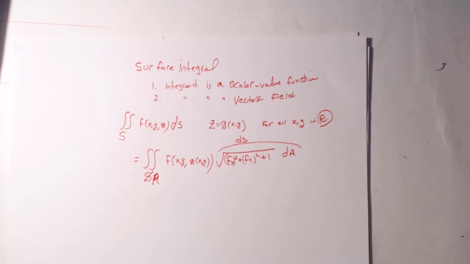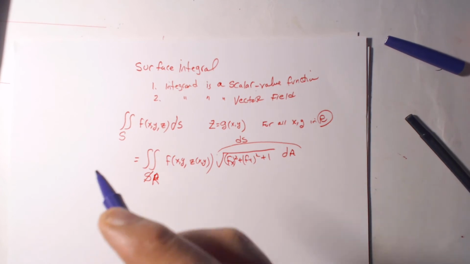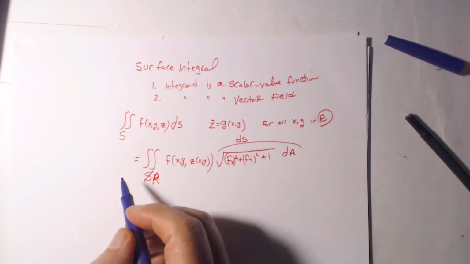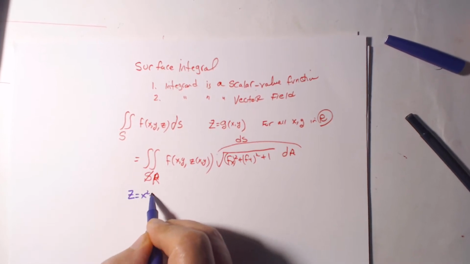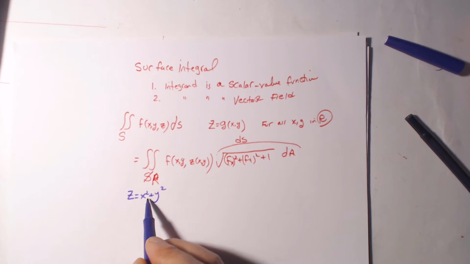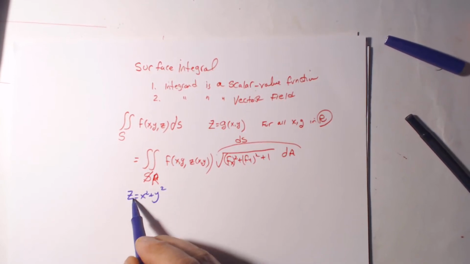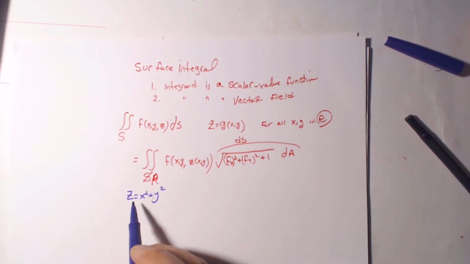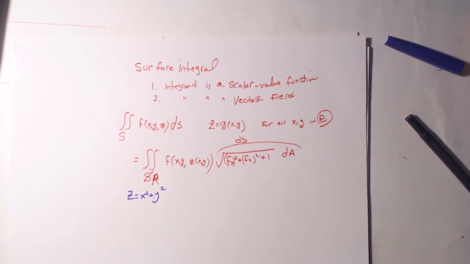An example was if you had a surface like z equal to x squared plus y squared. If y becomes constant, the trace on x and z is a parabola, and if x becomes constant, the trace on z and y is a parabola, but if z is a constant, the trace in xy is going to become a circle or an ellipse.